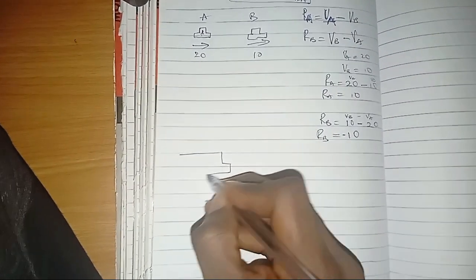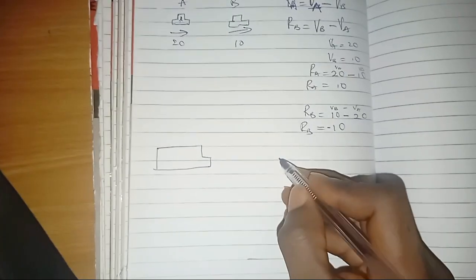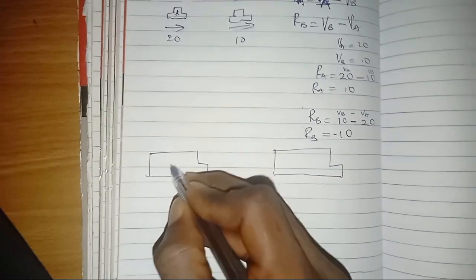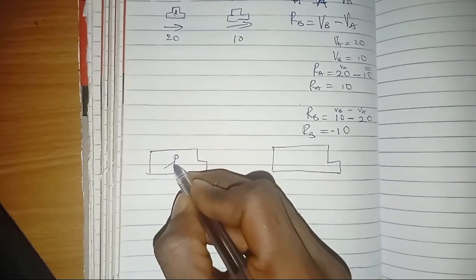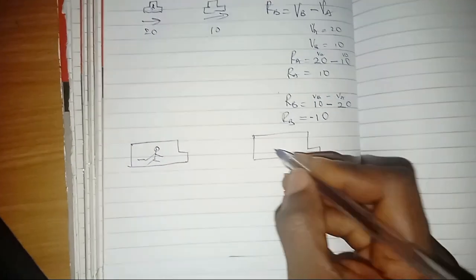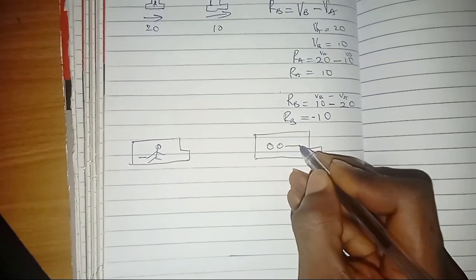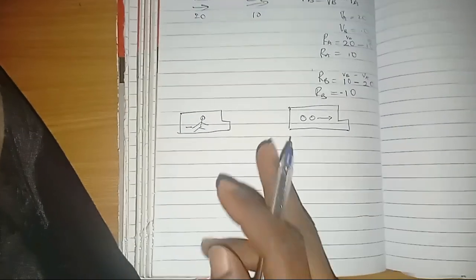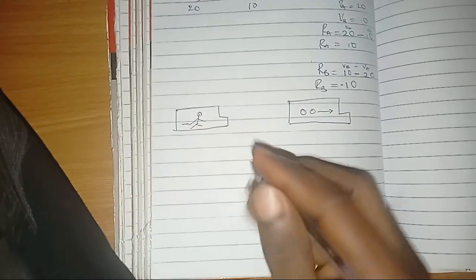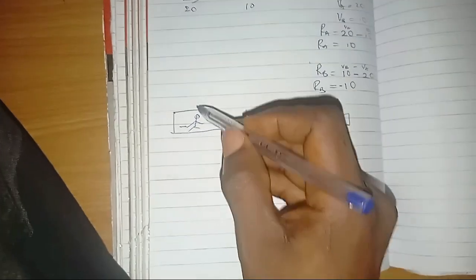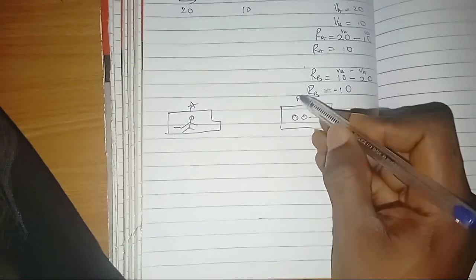Let's say this is a train, and this is another train, and somebody is inside this one running, and there is a ball rolling inside this one, and they ask you what is the relative velocity. Let's say I call this A and I call this B.